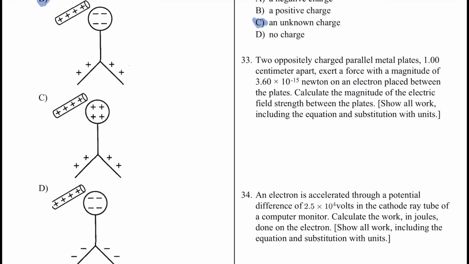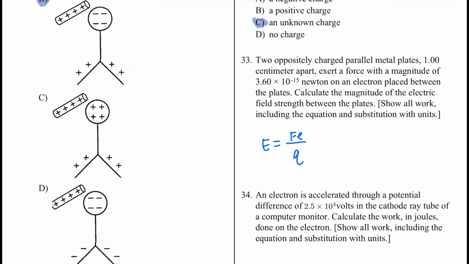33. Two oppositely charged parallel metal plates, 1 centimeter apart, exert a force with a magnitude of 3.6 times 10 to the negative 15 Newton on an electron placed between the plates. Calculate the magnitude of the electric field strength between the plates. So it tells us to solve for electric field strength. So all we need to do is go to the reference table and find the equation for electric field strength, which is E equals Fe over q.